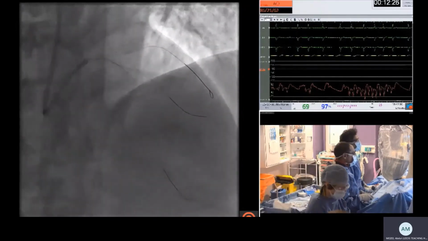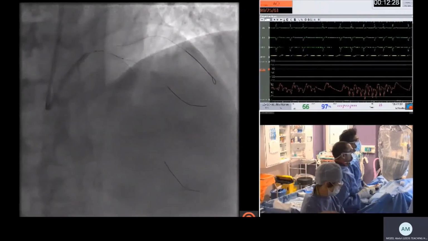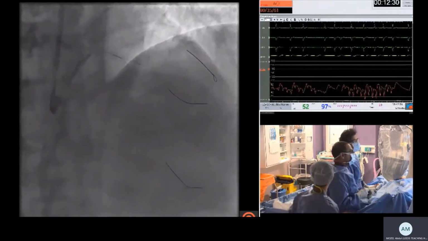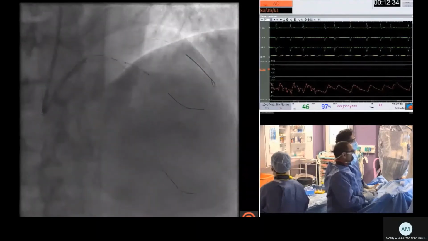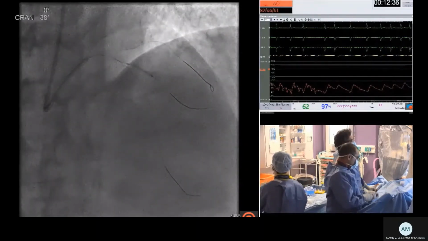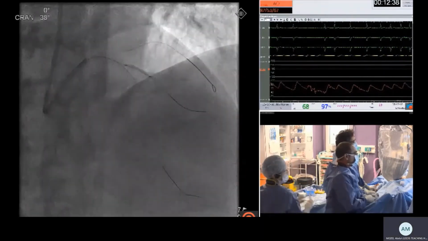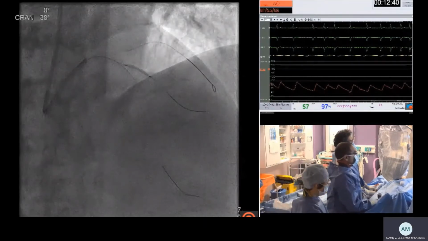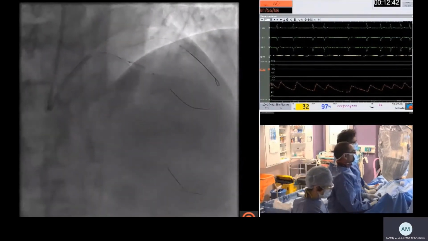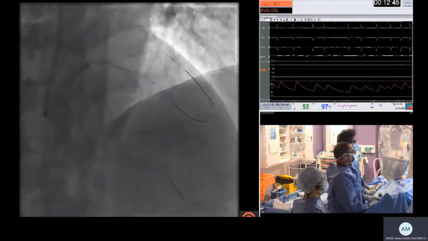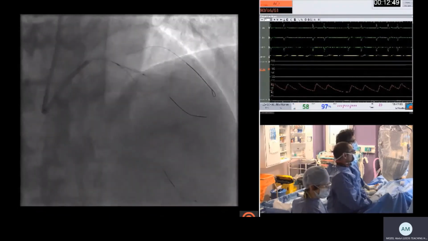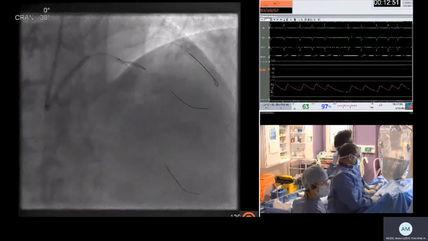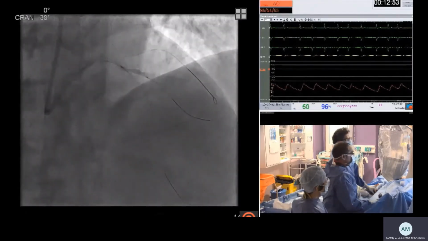So we then proceeded to balloon angioplasty of the diagonal, but as mentioned, with a plan to only provisionally stent from the LAD. This was just a 2.5mm 15 compliant balloon.